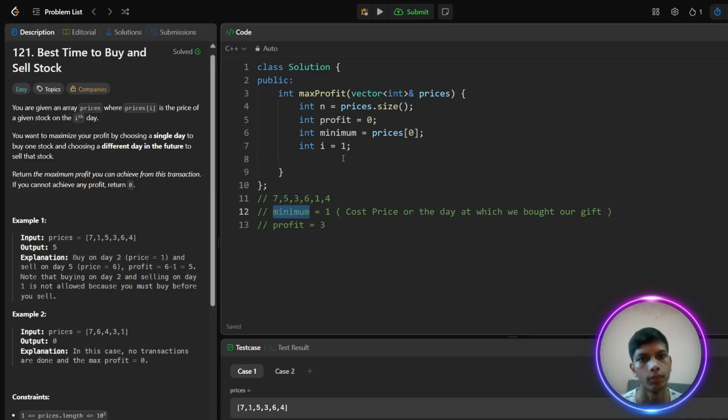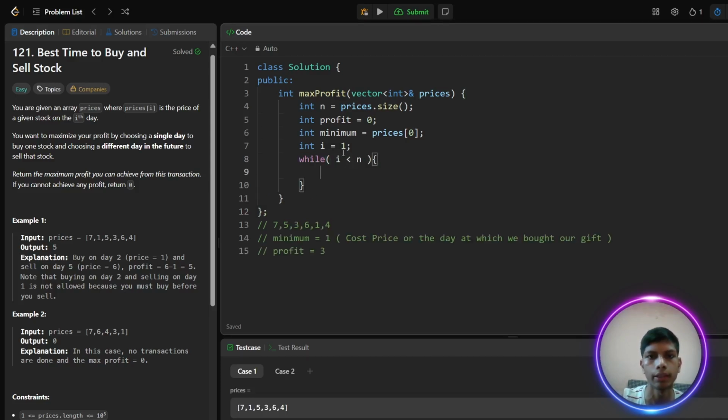Okay. So while my i is less than n, what will I check first of all? If my price is less than my minimum. If my price is less than my minimum, then I will switch it, meaning minimum equals price of i.